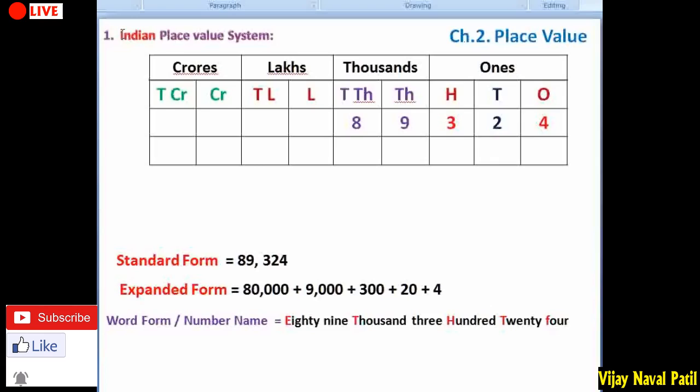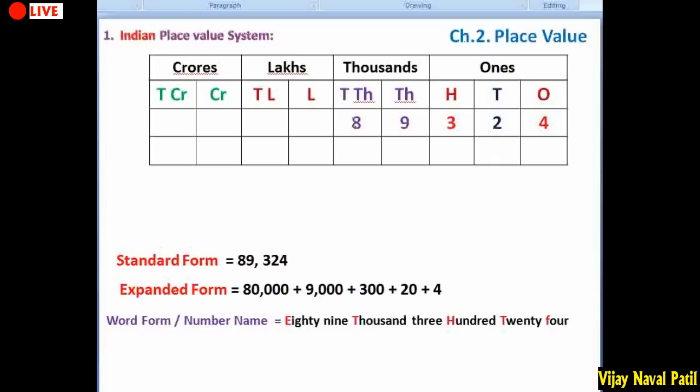Now with the help of the Indian place value system, suppose we have the number 89,324. Now how to write its standard form? You have to write the number as it is. So I write 8, 9, then 3, 2, 4, and from right to left I have to put the commas as per the Indian place value system, and the expanded form also has to be written as it is.